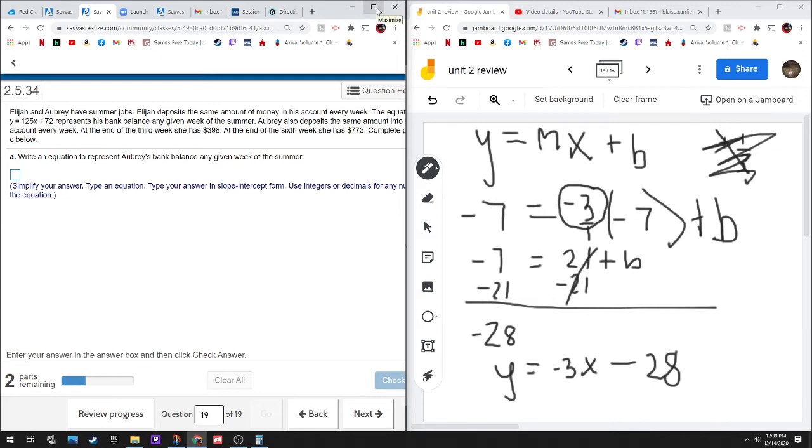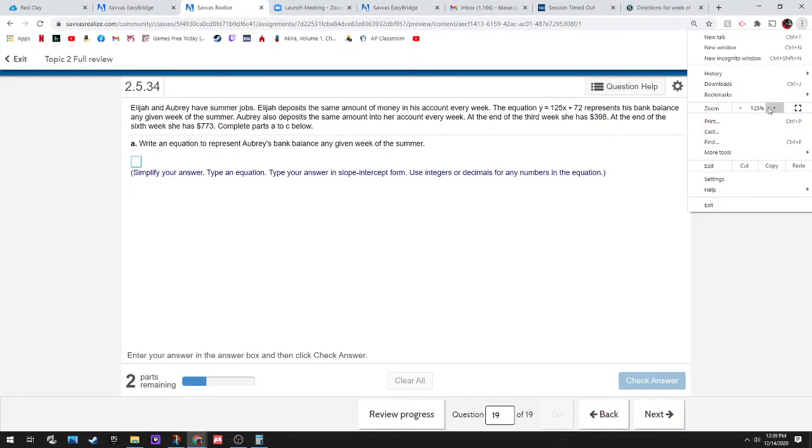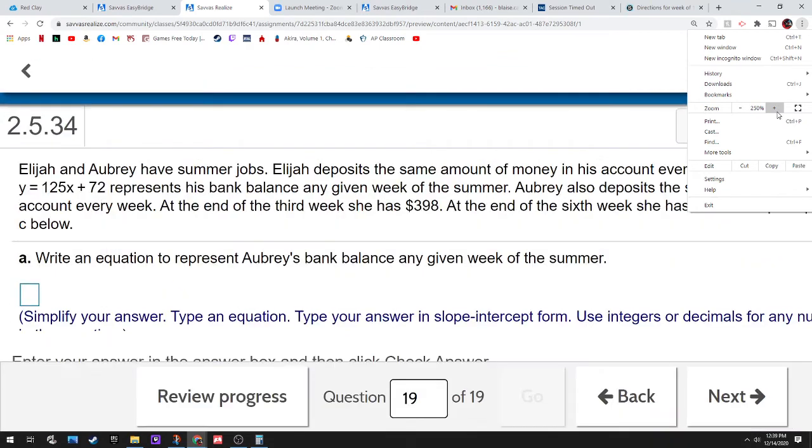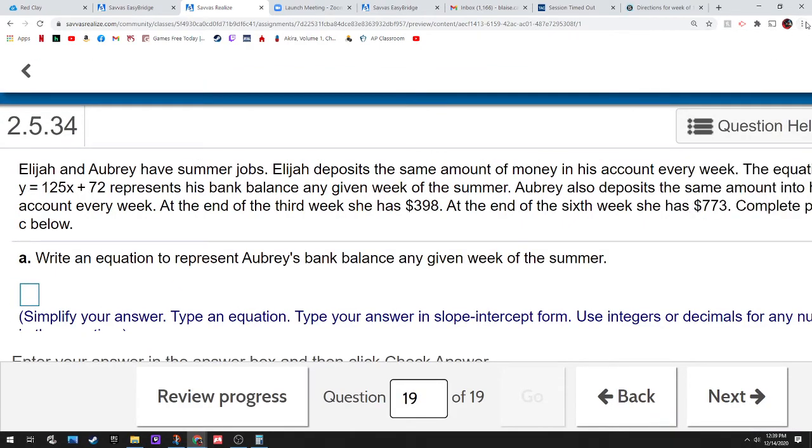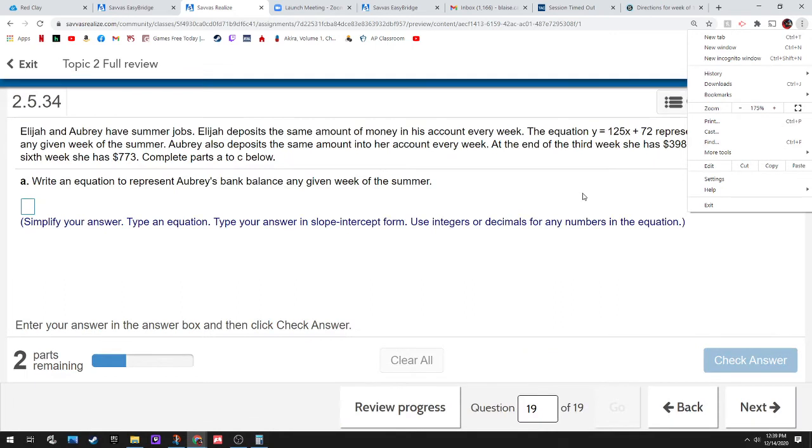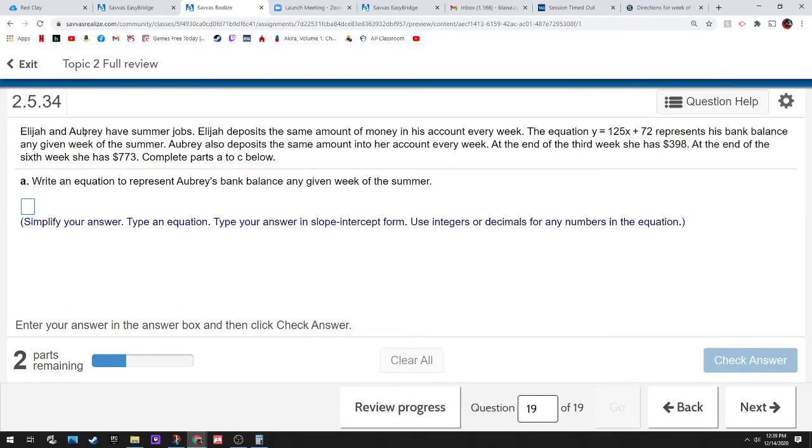All right, and our final multi-part question. Elijah and Aubrey have summer jobs. Elijah deposits the same amount of money into his account every week. The equation is y is equal to 125x plus 72, and it represents his bank balance any given week of the summer.